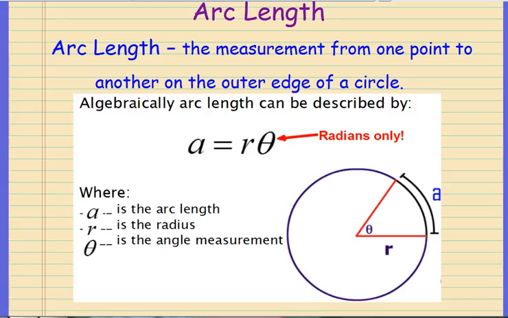The arc length is the measurement from one point to another on the outer edge of a circle. Outer edge also called what? Circumference. So we're finding how long is this piece of crust on this slice. Okay? We're only talking about a slice of it. Because if I wanted to know how long the whole thing was, that's just circumference. Right? But now I'm just talking about a slice.